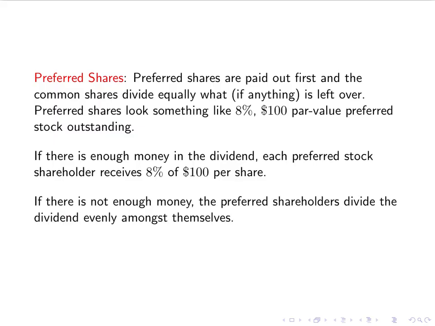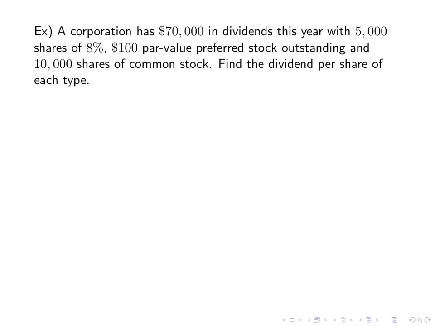If there's not enough money in the dividend, then the preferred shareholders divide the dividend equally amongst all the shares. So, for example, a corporation has $70,000 in dividends this year with 5,000 shares of 8% $100 par value preferred stock outstanding and 10,000 shares of common stock.